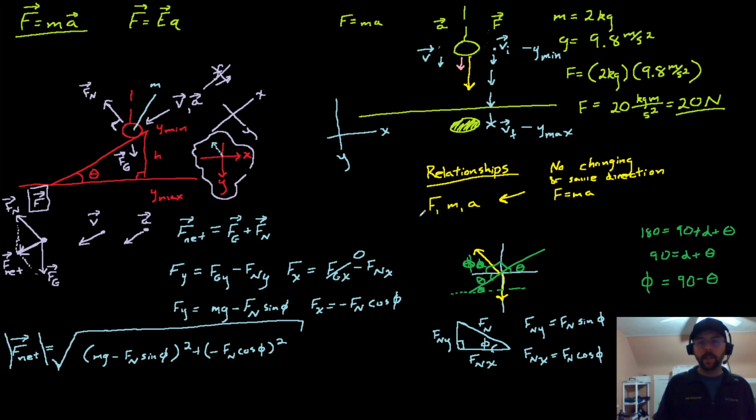So in some sense, let me erase some of this. And then this is just the magnitude. To calculate the direction, you're going to have to pick whatever you want your reference point to be.